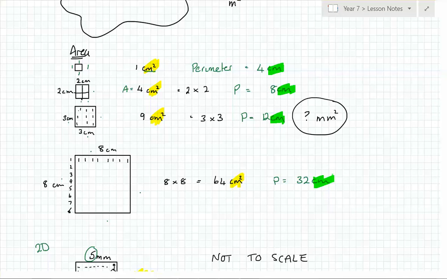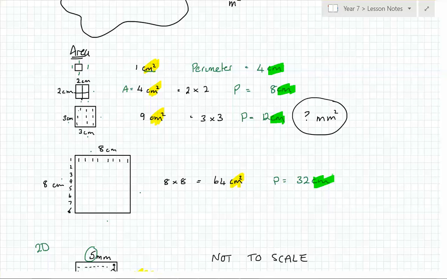You measure the 2 dimensions and you times them. So with a square, it's just times itself. And then the perimeter? The length of the outside of the square, so the distance all the way around the outside.